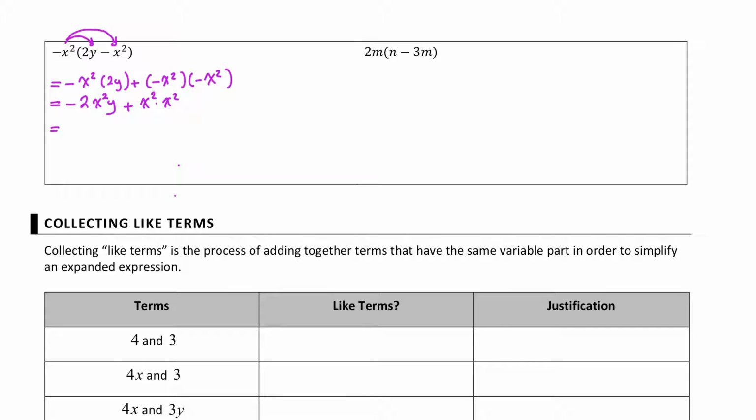I can simplify this a little further, not the first term, but for the second term here I have the same base, so I'm multiplying two powers that have the same base, so I have to add their exponents, 2 plus 2, and that should give me x to the 4 as my final simplified form. So my final answer will be negative 2x squared y plus x to the 4.